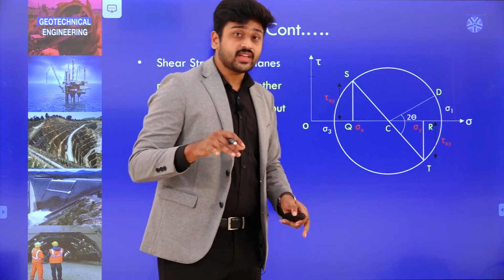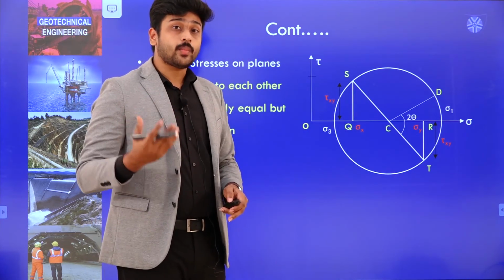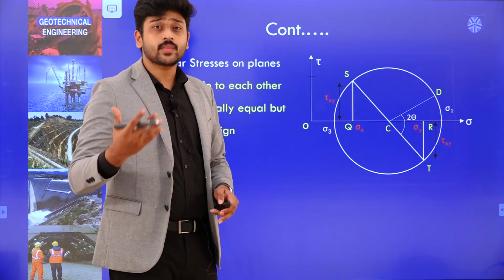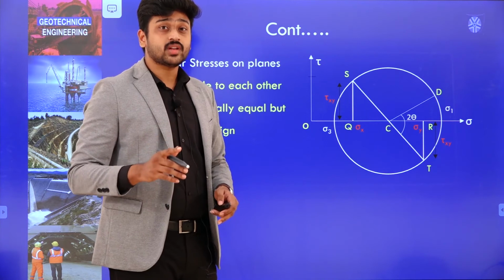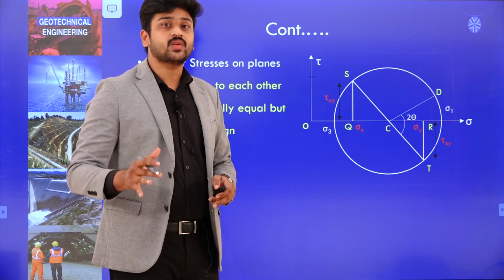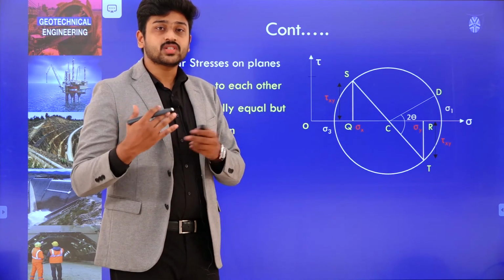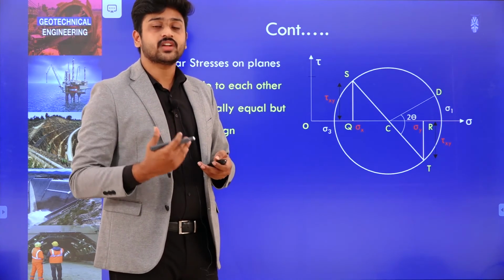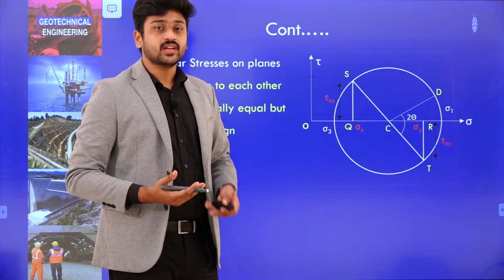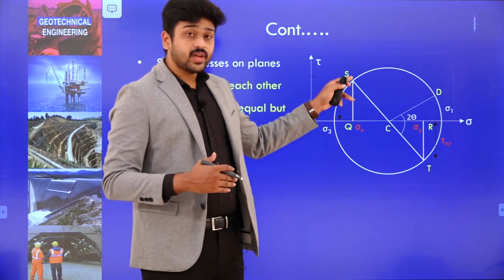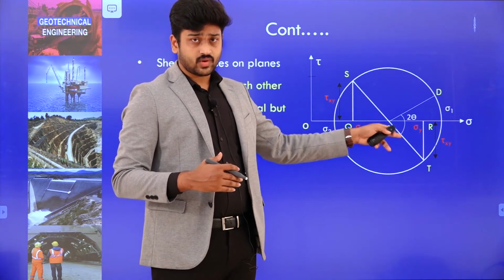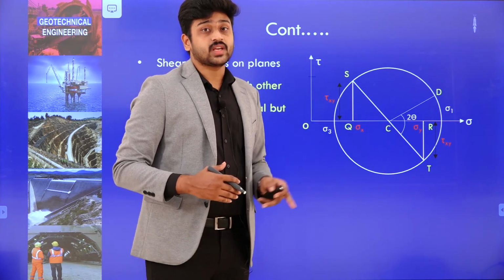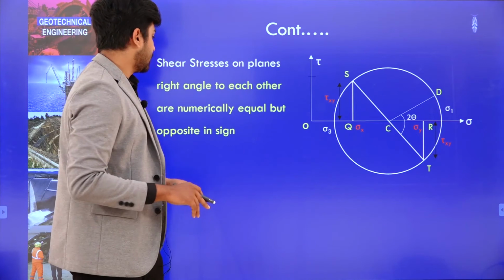So that is why here shear stress may be opposite in sign. Okay, when you are drawing a Mohr circle, the shear stress may be opposite in sign, but you need to remember that these are numerically equal. So whether it is positive or negative, the sign indicates the direction of the shear force acting on the plane. Okay, so it may be either positive or negative in a particular plane itself, but it will be numerically equal. So that you need to keep in mind.